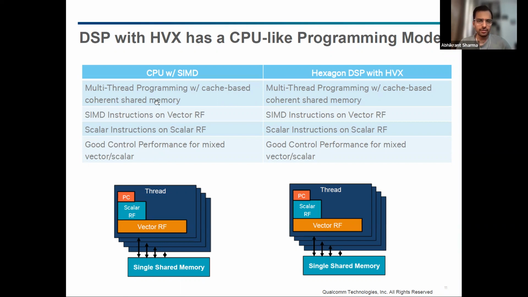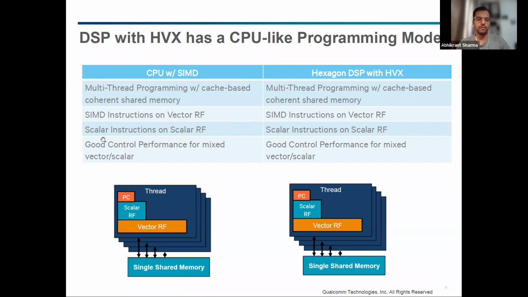So a traditional CPU basically has multi-threaded programming with cache-based coherency and shared memory. The same thing is supported by the Hexagon DSP. A traditional CPU has SIMD instructions with vector registers. The same is supported by the Hexagon DSP.